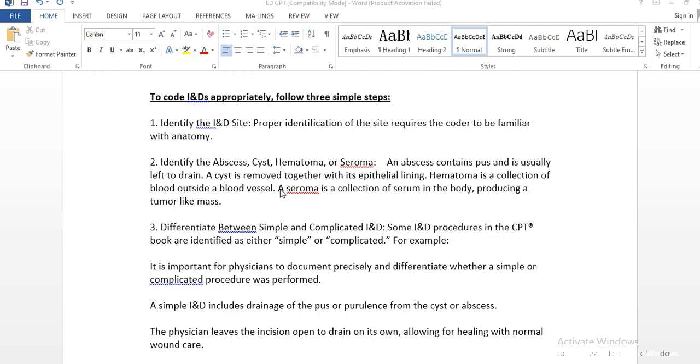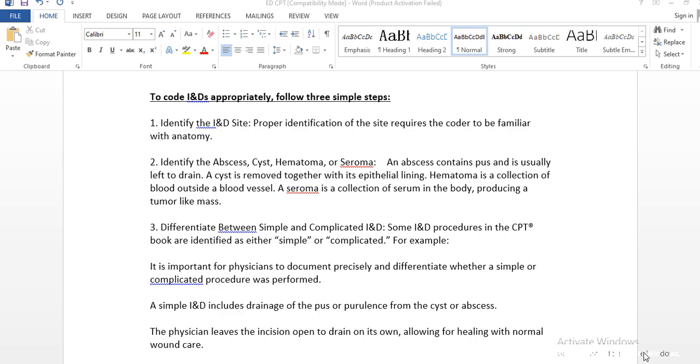Hematoma is a collection of blood outside a blood vessel. A seroma is a collection of serum in the body producing a tumor-like mass, which we have learned previously. And also we need to check whether the I&D is simple or complicated, as we have codes in the CPT book with simple or complicated in their code descriptions.